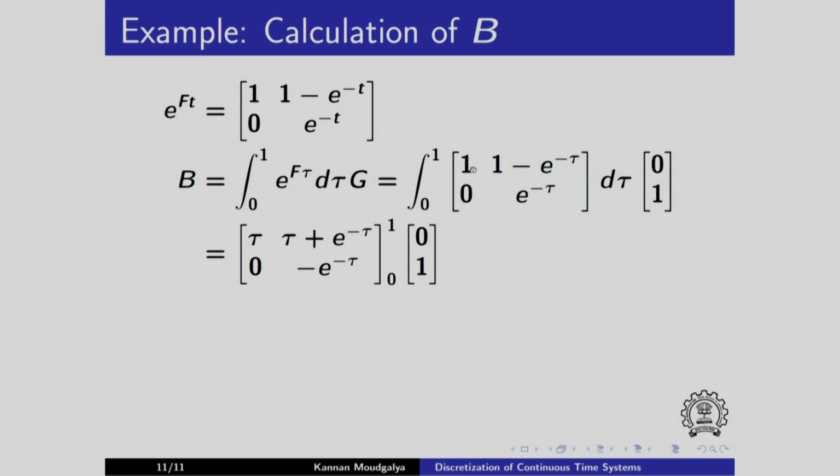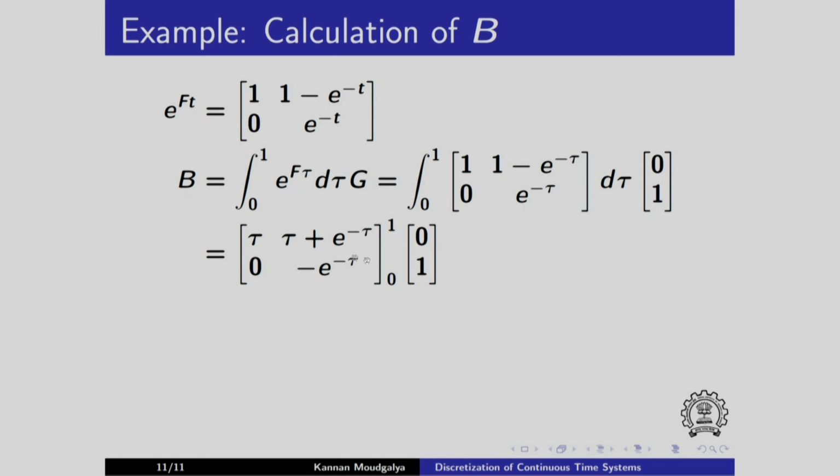What we do is do a term by term integration. So the integral of 1 is tau, integral of minus exponential minus tau is plus exponential minus tau. So we get this expression, and it has to be evaluated between limits 0 and 1, and it has to be multiplied by the vector 0, 1.